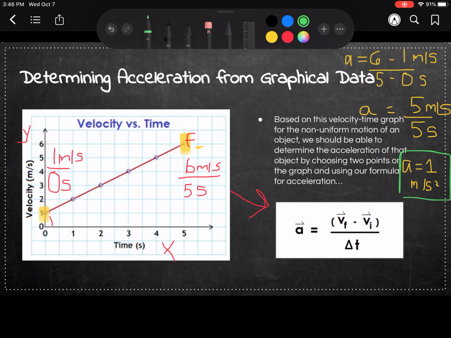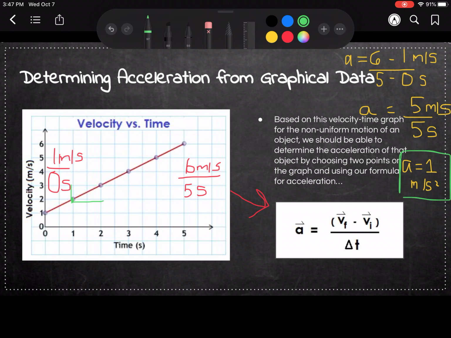Something that you could actually do, without even calculating this, and this is going in a constant direction, is you can see on this graph that between every point you're going up 1 and over 1 to get there. So 1 divided by 1 is 1.